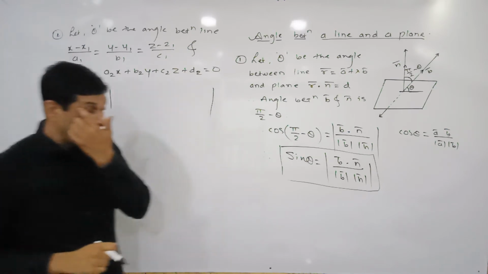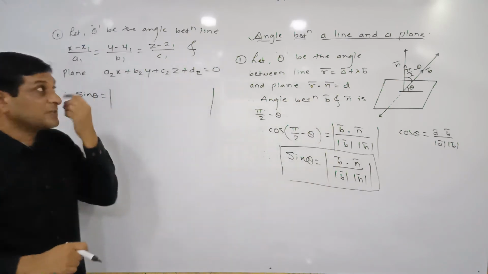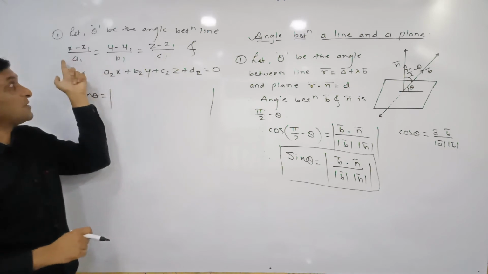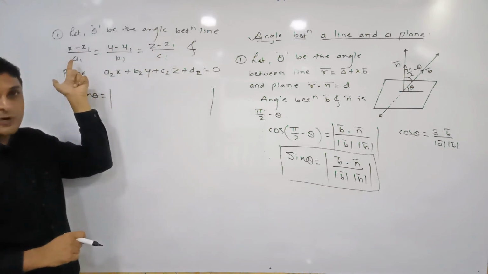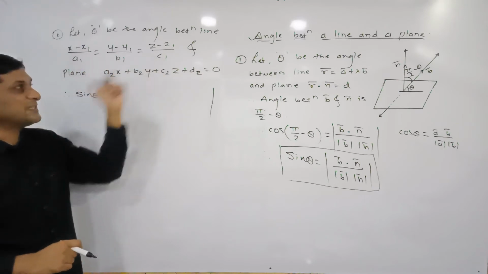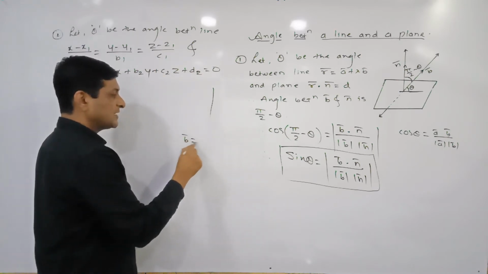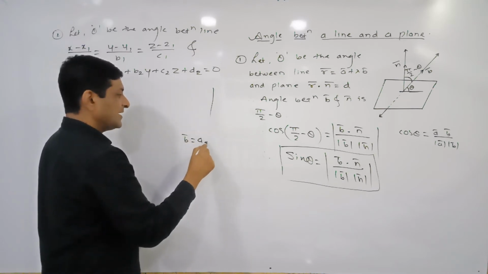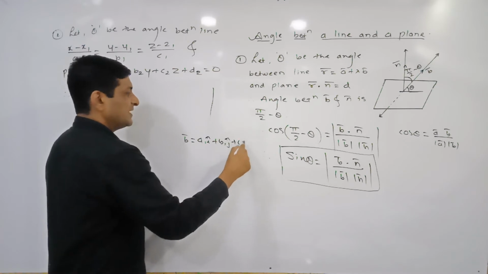Now, what is B bar here? B bar is nothing but the vector along the line. What are the direction ratios of the line? They can be found from the equation of line. These are a1, b1, c1. If these are the direction ratios, then the vector along the line will be a1 i cap plus b1 j cap plus c1 k cap.